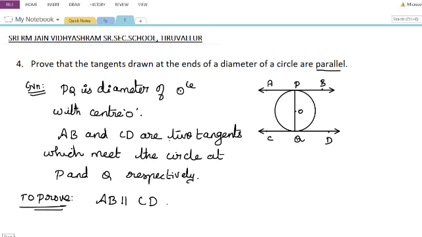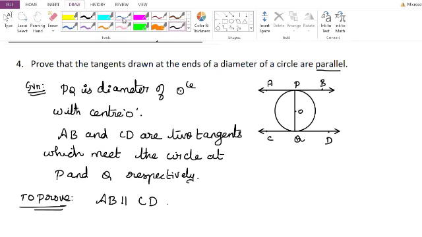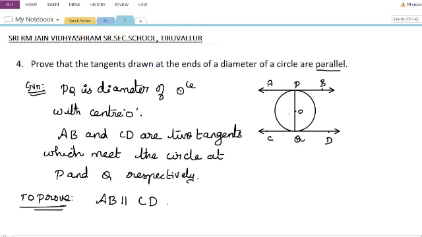And already we have learned in the previous theorem that when OP is the radius, right, and AB is the tangent, we know that it makes 90 degree with the radius, makes 90 degree with the tangent. Similarly here OQ is the radius and CD is the tangent, and OQ will be perpendicular to CD, which makes 90 degree.